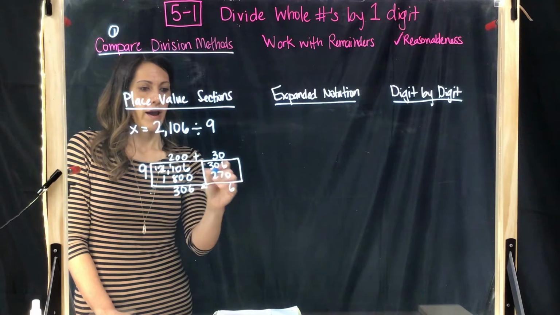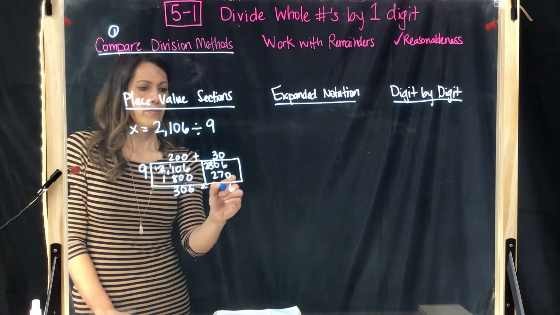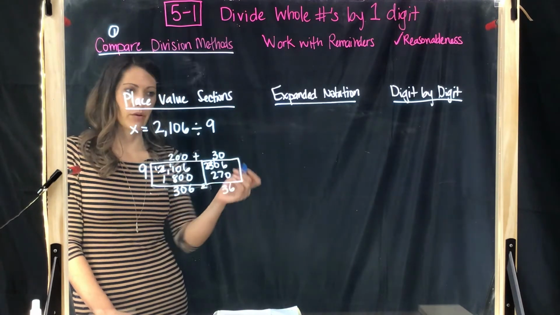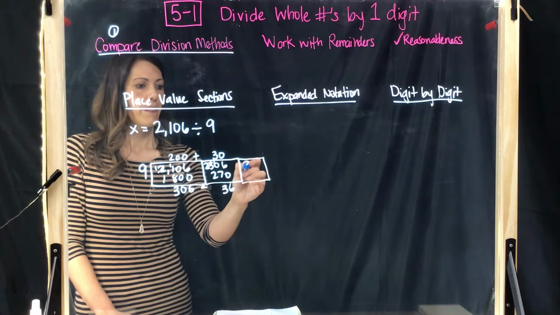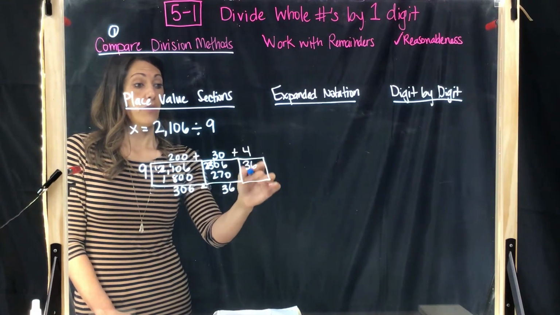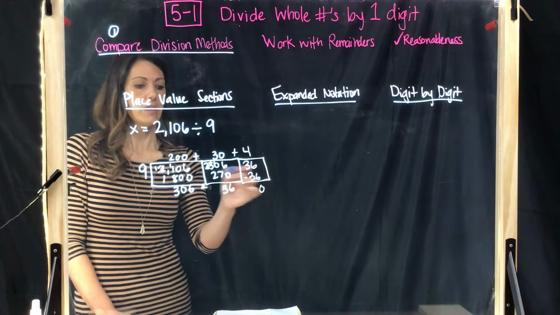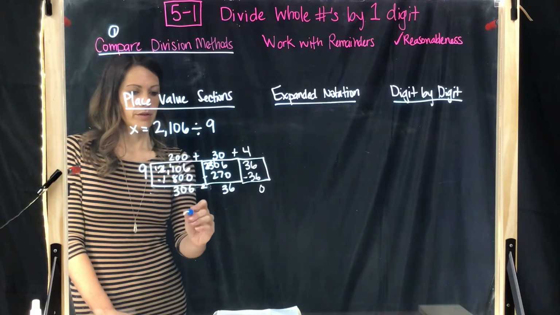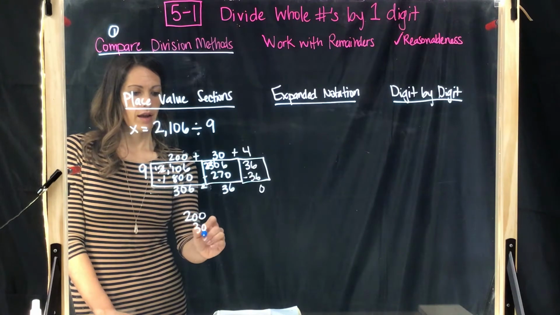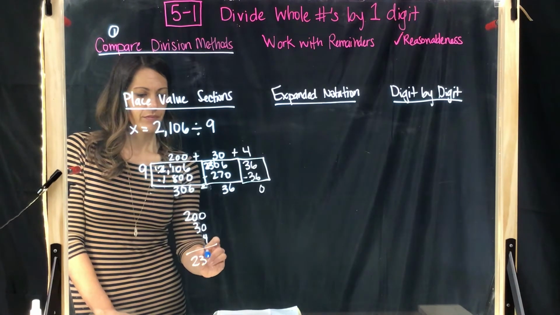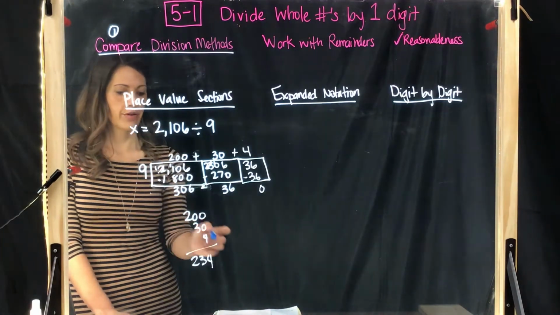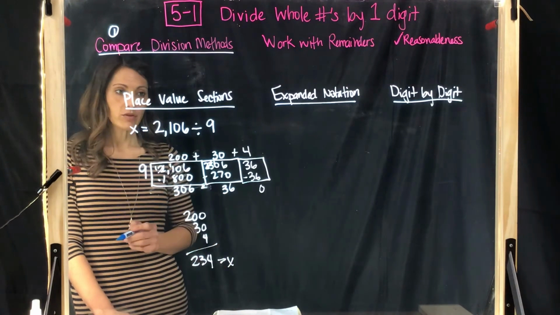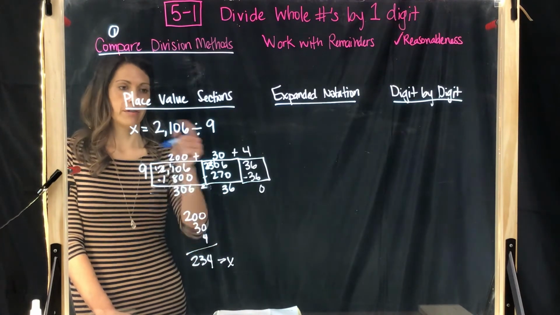I'm going to subtract. I'm going to regroup. Okay, I've got 36. I know that one goes in evenly because 9 times 4 is actually exactly 36. So I'm going to take my 2 numbers, 230 and 4, and it looks like 234 cows will go into each barn if there's 9 barns.